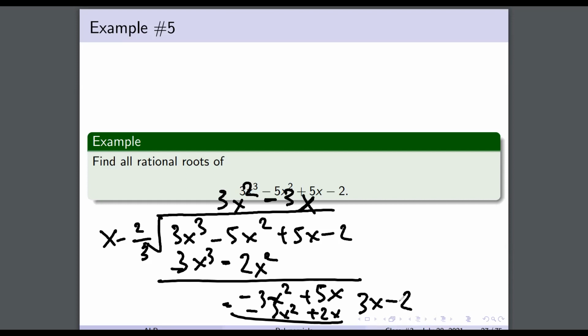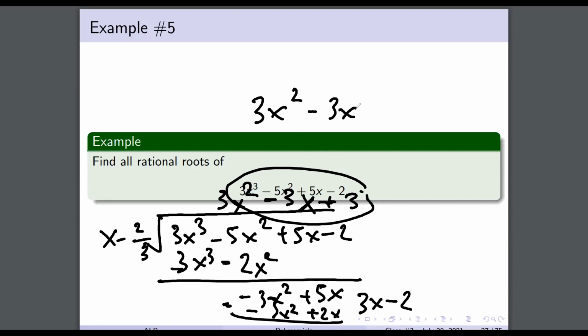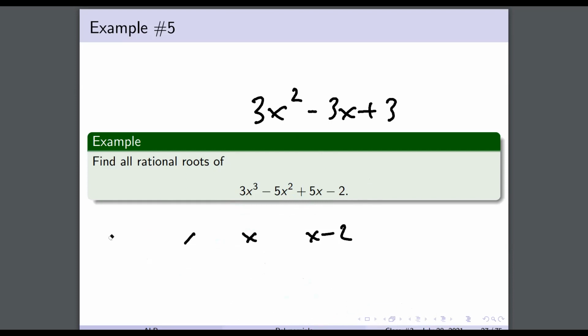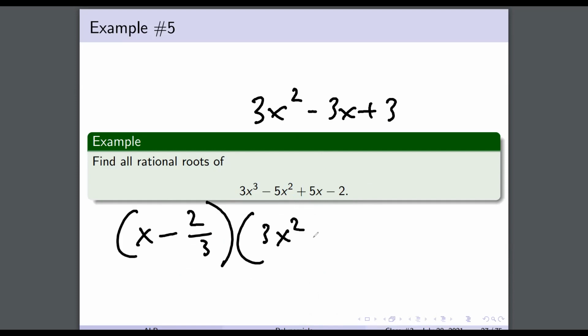Then we have 3x minus 2, and then we can add 3. So we got 3x squared minus 3x plus 3. And then we're going to erase all of these. We have minus 2 over 3. We can factor out 3.